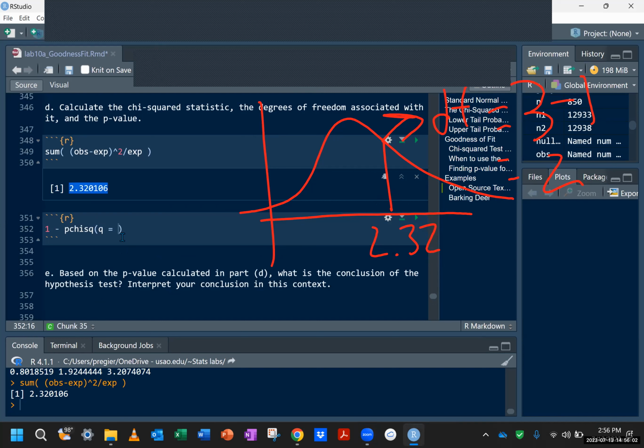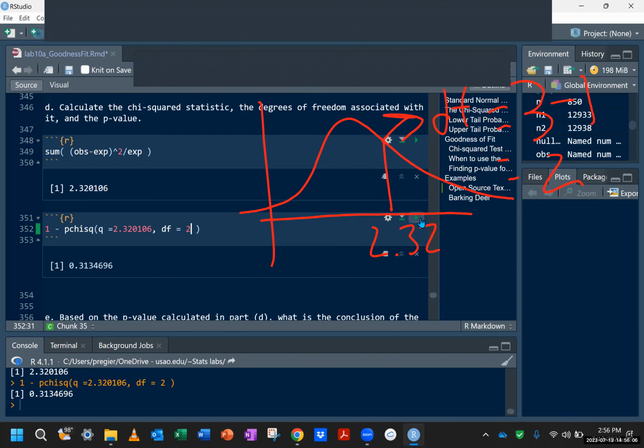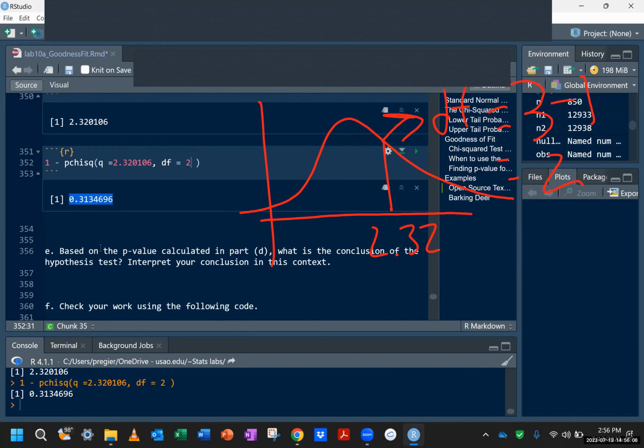Just going to copy that. Okay, p-value. Now we sing the song: p-value getting too big. We do not have evidence for the alternative.